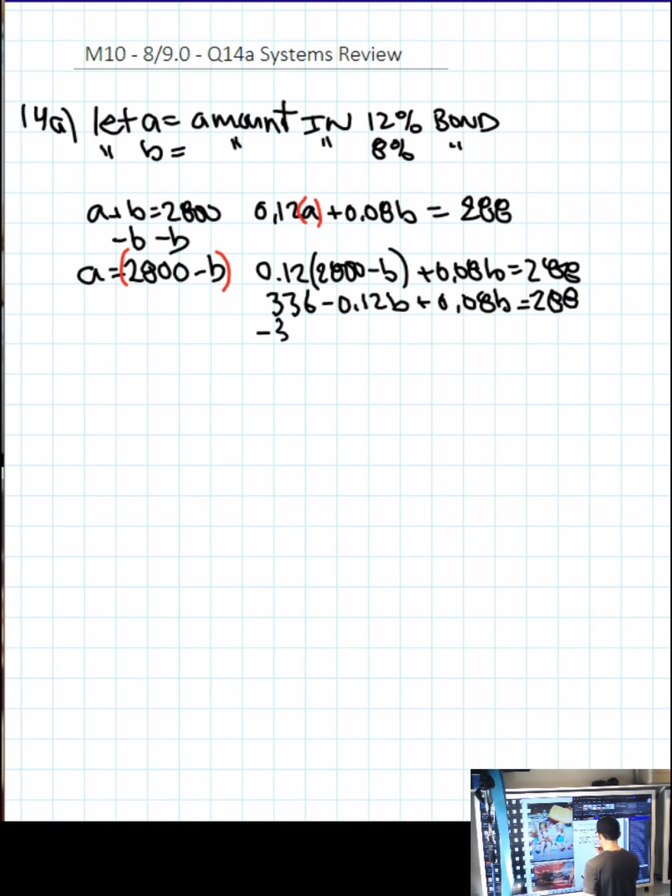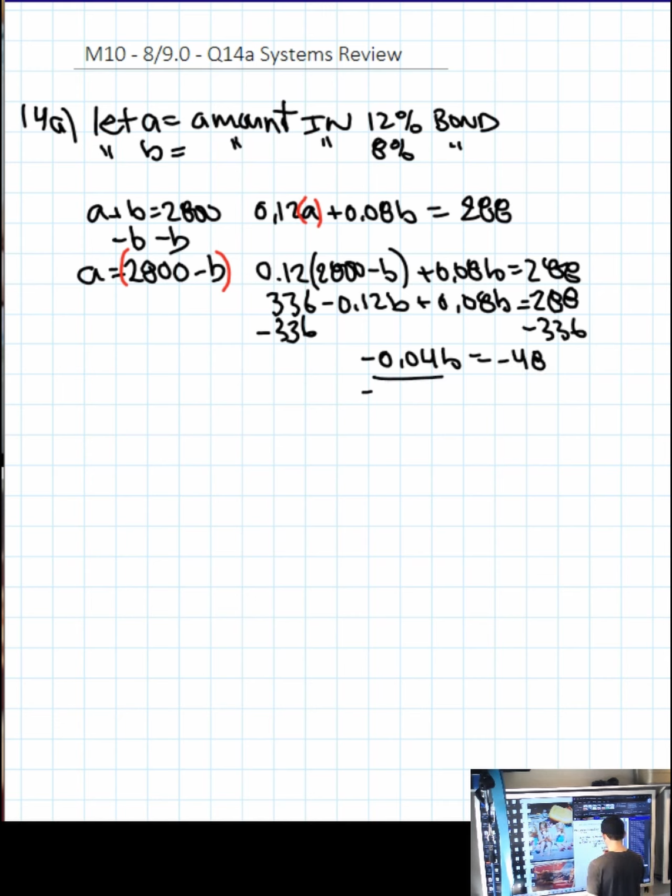If we minus 336 from both sides, on the left-hand side, 336 minus 336 is 0. That's gone. Negative 0.12 plus 0.08 is negative 0.04B equals 288 minus 336 is negative 48.